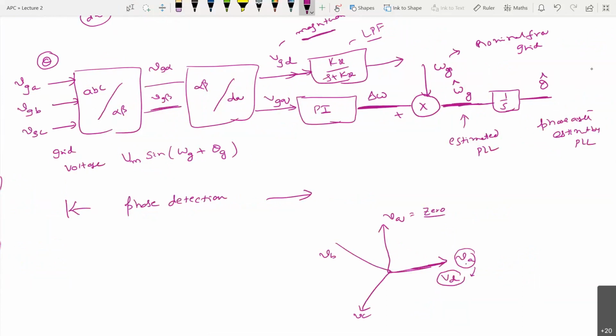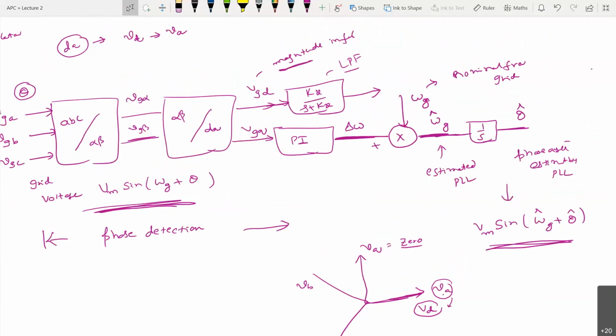Whereas what is estimated is Vm sine omega g dash plus theta dash, theta bar. So these are the estimated values and these are the actual values. Clear?